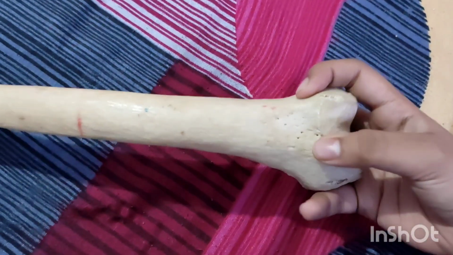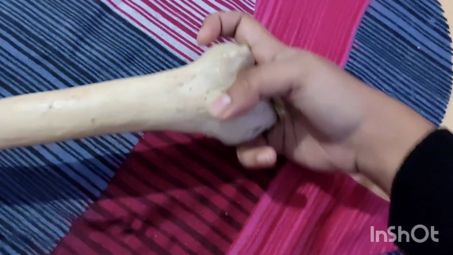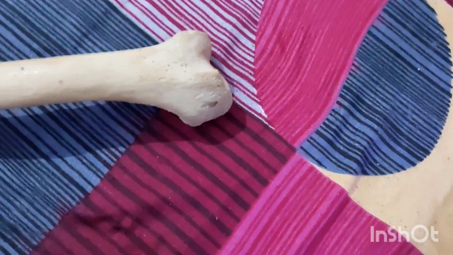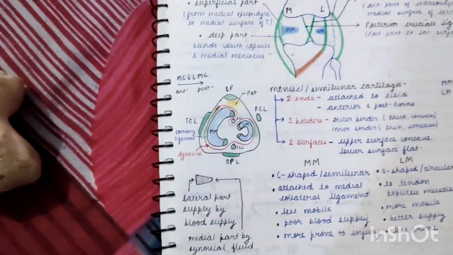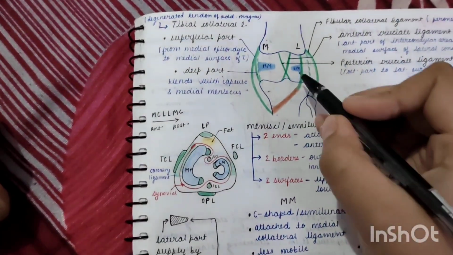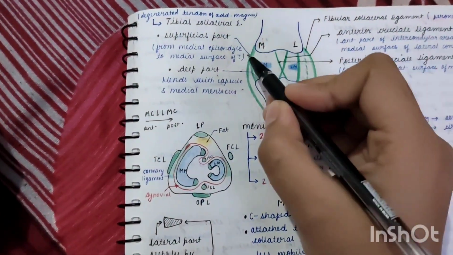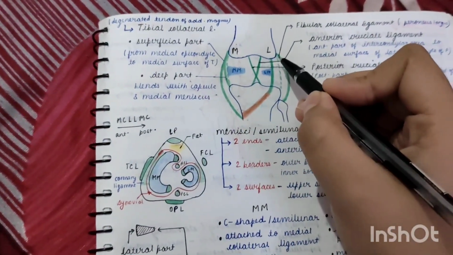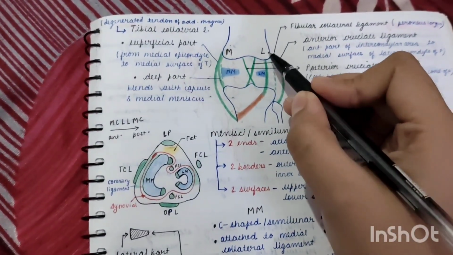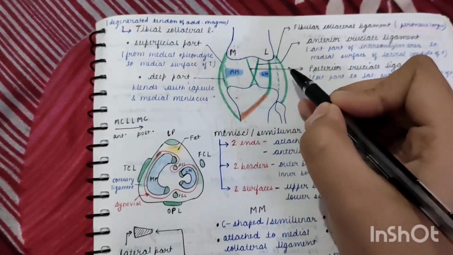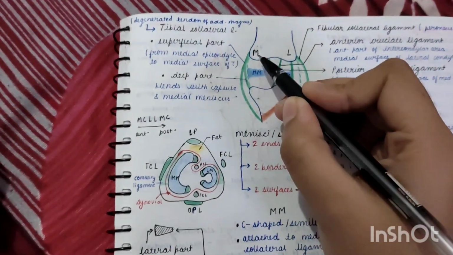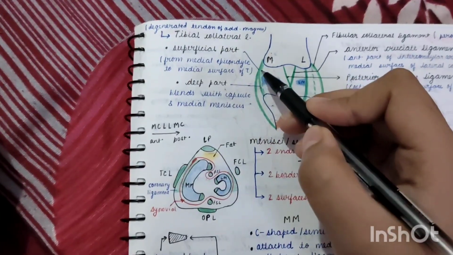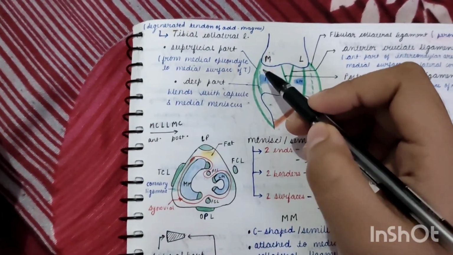So this was all about the muscles, and the ligaments at the lower end of the femur are described in the diagram of the knee joint. So this is the lateral epicondyle, this is the medial epicondyle. The lateral epicondyle has the fibular collateral ligament which gets attached to the fibula, and the medial epicondyle has the tibial collateral ligament which is attached to the tibia.